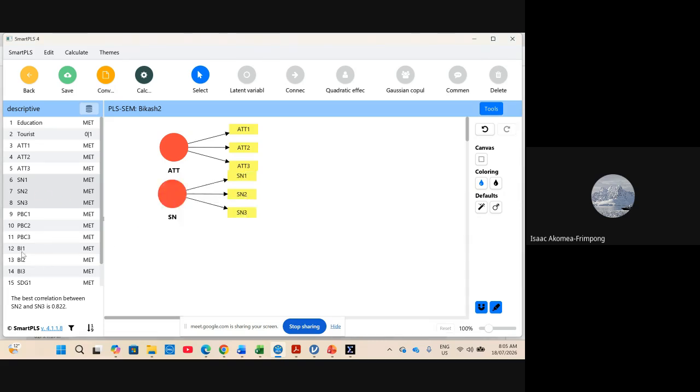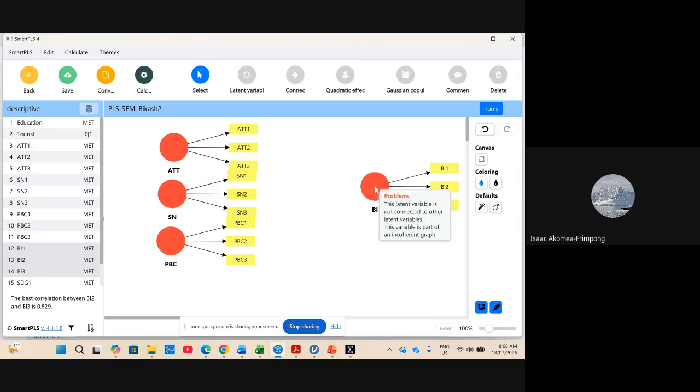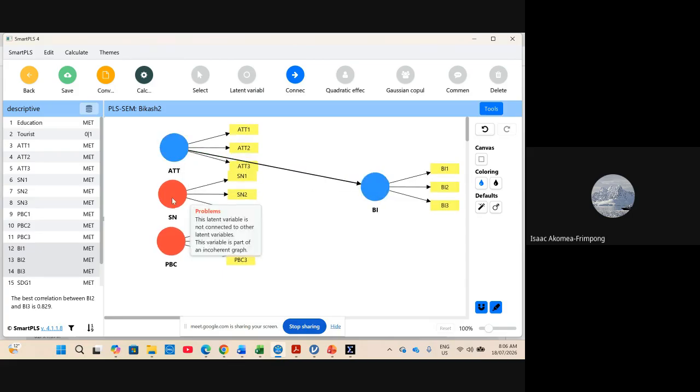I'm just giving you the basics, then we go. I'm just using this as an example. It's not exactly. And then you click on connect. You connect them.